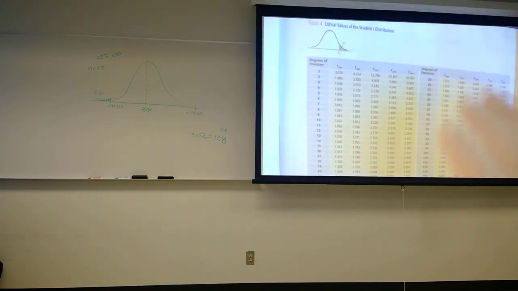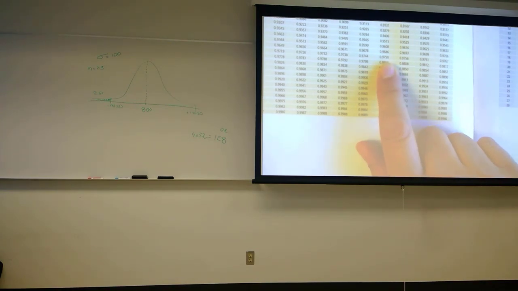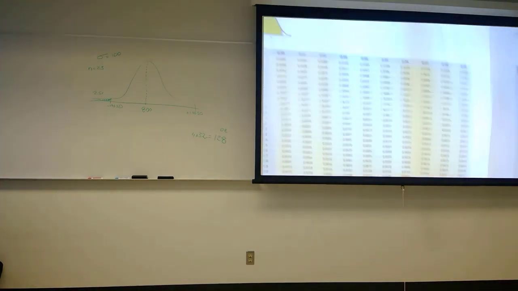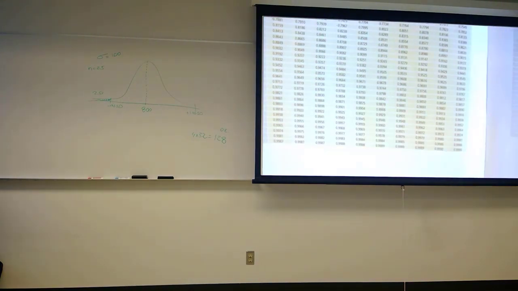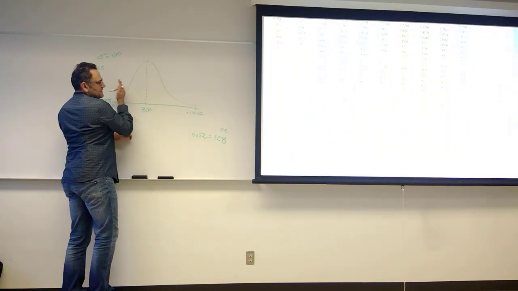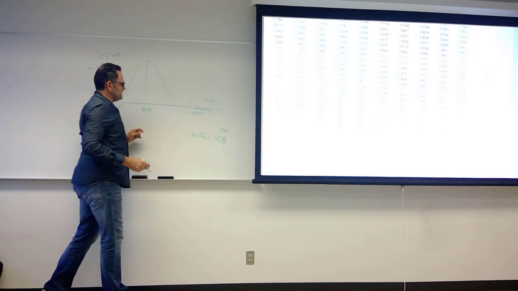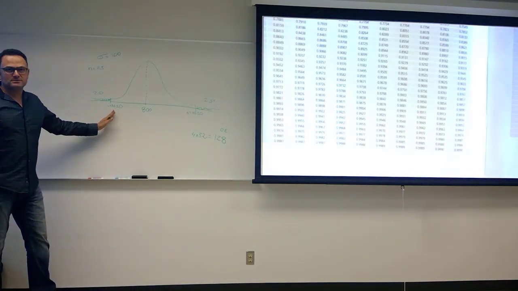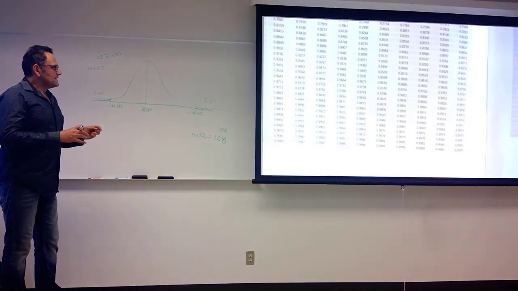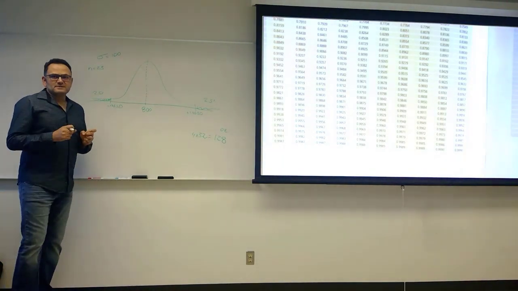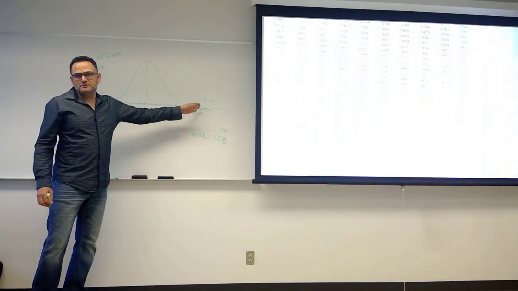And accordingly, plus 1.96 standard deviations would be 97.5%, which means the green area is 97.5%. So if this area is 97.5%, it means this area is 2.5%. So essentially, from minus 1.96 standard deviations all the way to plus 1.96 standard deviations from the mean, that means 95% must be between these two values.